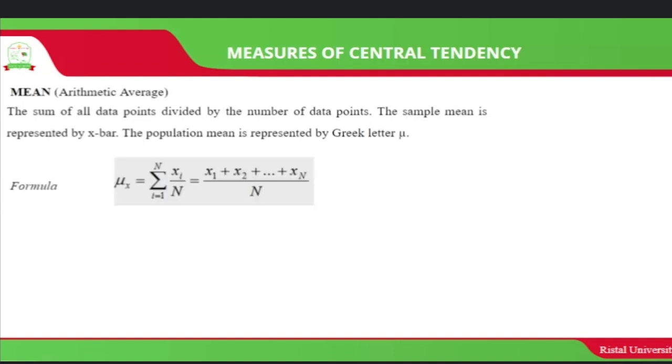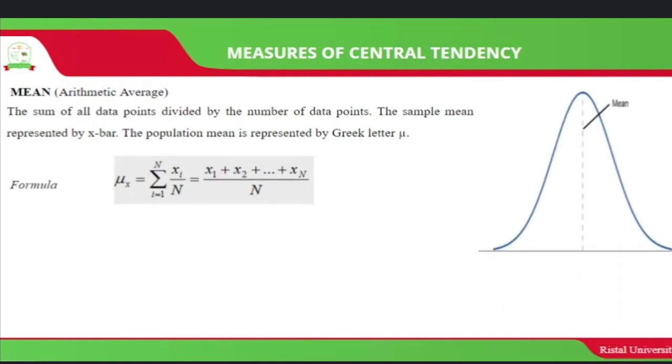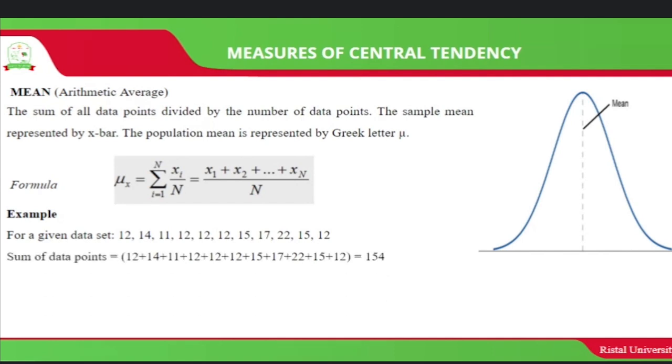So let's look at the formula. This formula shows a summation of all the X's over the total number of data points, which is N, to give us the mu. So an example: given this data set with these data points, starting with 12, how are we going to get the mean?